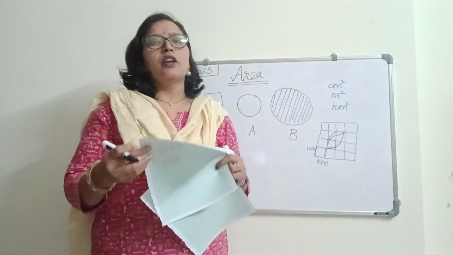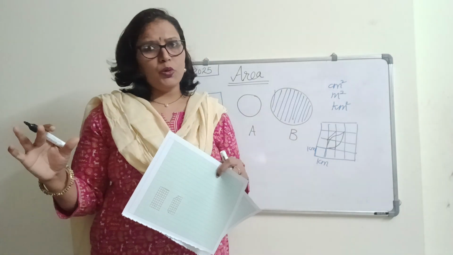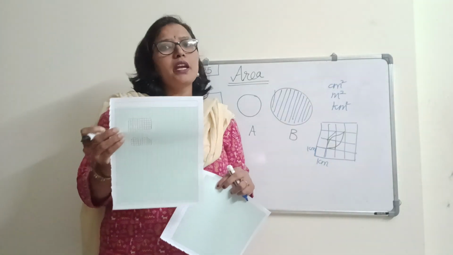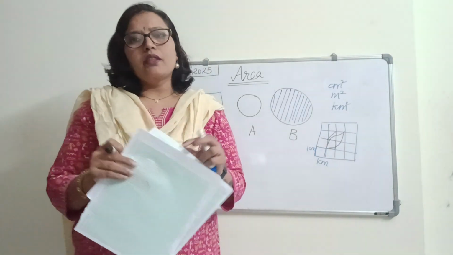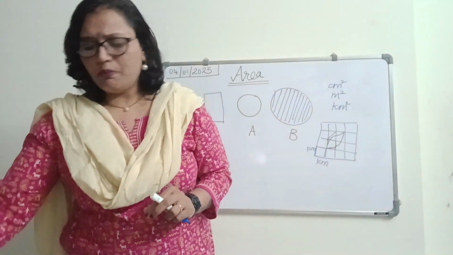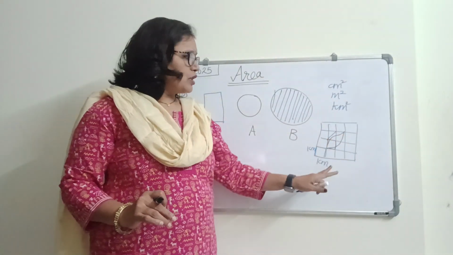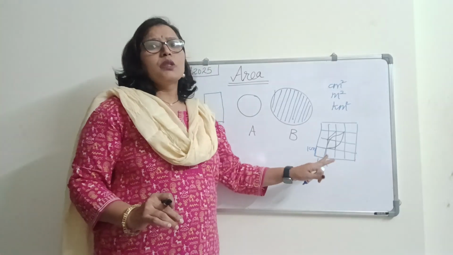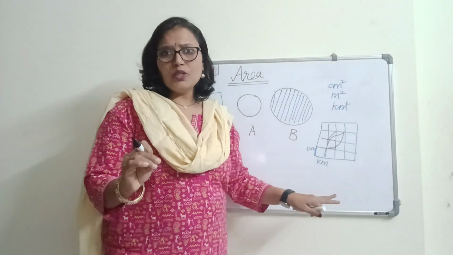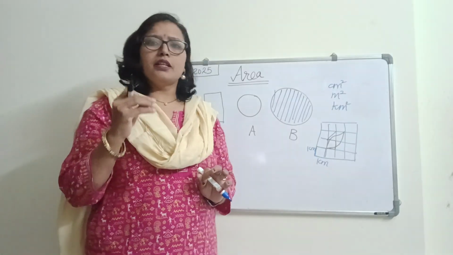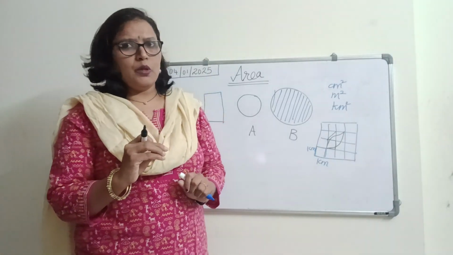If it is less than half, we will ignore it. Like that we can find the area of any figure using grid paper or square paper. This is the way. See here, I showed you the grid paper. Using those 4 rules, you can find the area of any figure, regular or irregular.